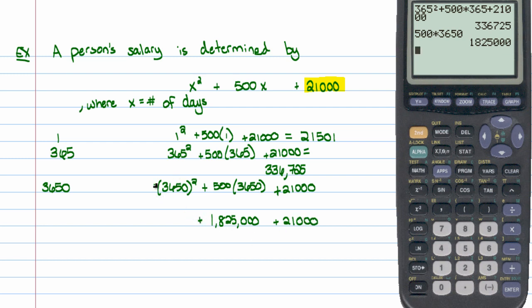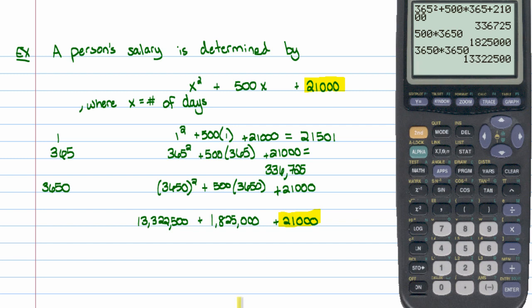However, let's see what this first term is. 3650 times 3650. And you immediately see that's 13 million. $13,322,500.